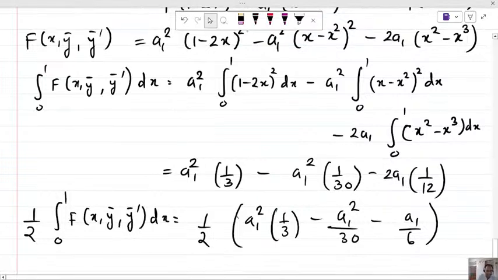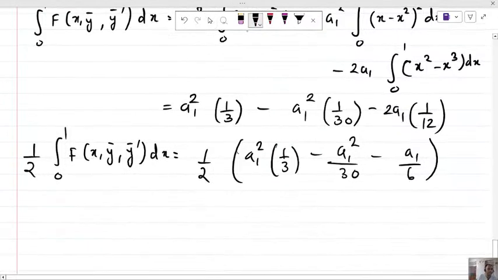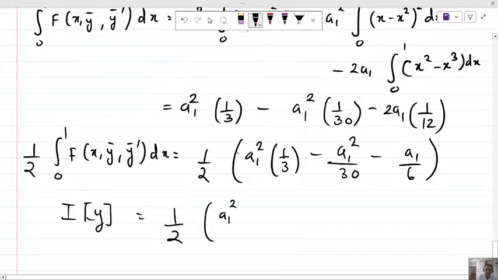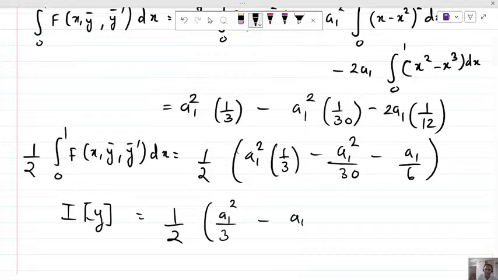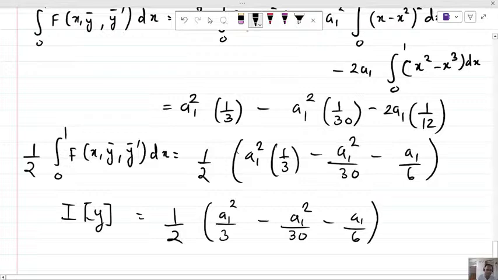This is what we get here. Now this is nothing but I of y, it is 1 by 2 a1 square by 3 minus a1 square by 30 minus a1 by 6.